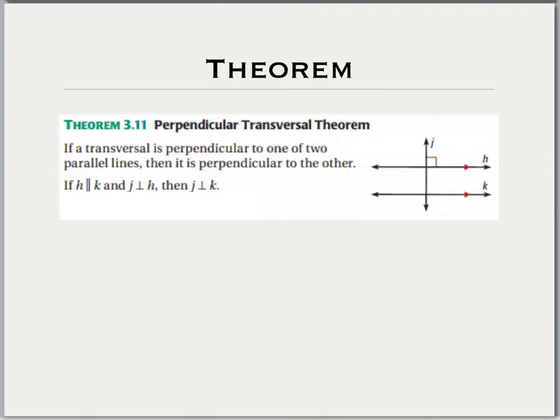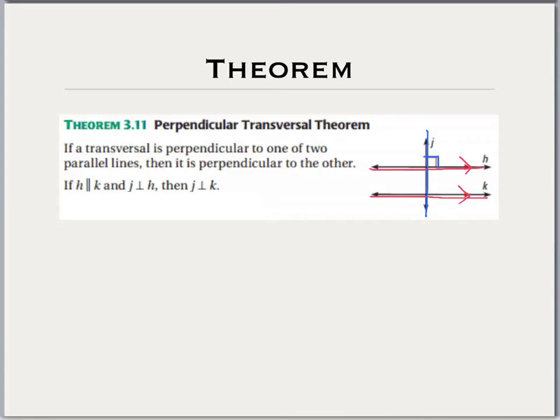So you see in this picture we've got line H and K parallel to each other, and we've got line J perpendicular to line H. Okay, so what they're saying is that if it's perpendicular to one of the two parallel lines, then it's perpendicular to the other. So what they want us to prove is that J is perpendicular to K. Okay, so let's see how we can do that.